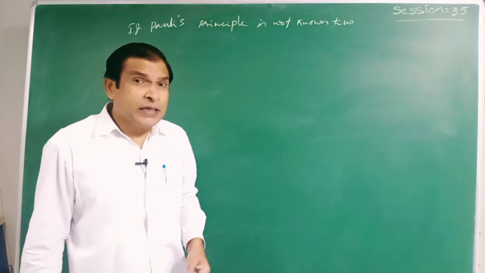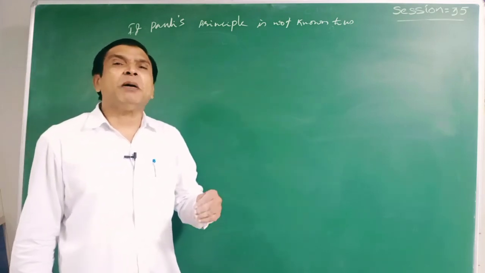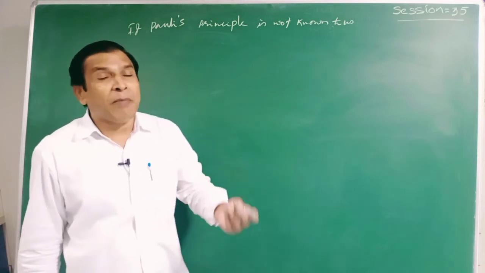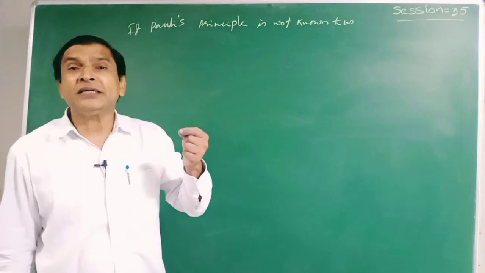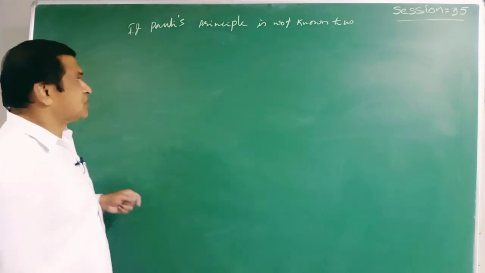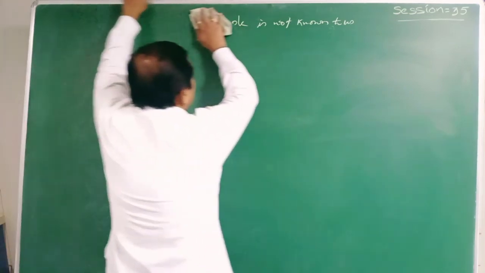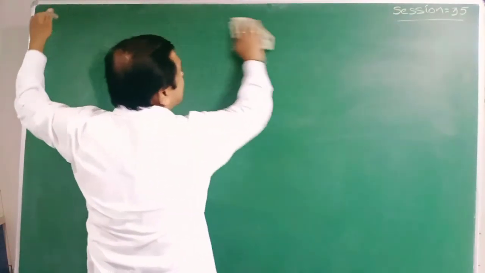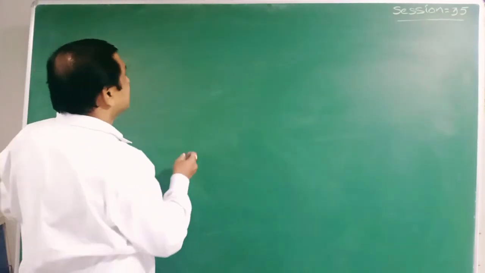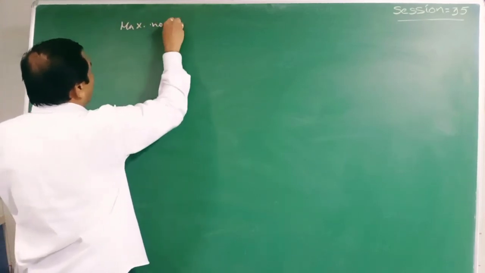Which of the following has the maximum number of unpaired d electrons? Maximum number of unpaired d electrons.